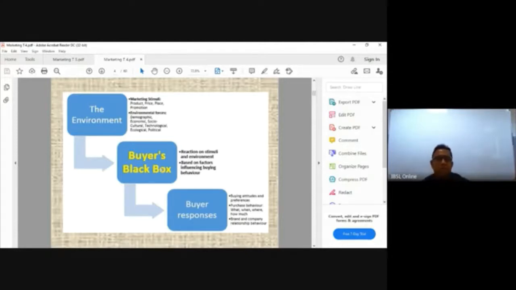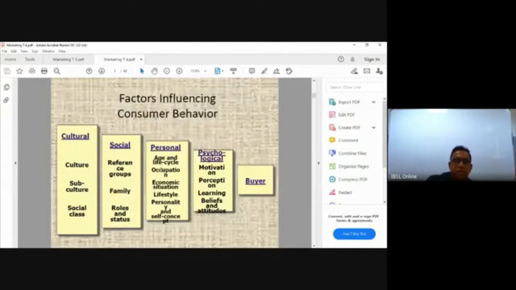So different customers have to be approached in different ways, right? So what are the factors that influence buying behavior? A person's cultural background, social background, personality aspects, and psychological situation all will impact buying behavior.